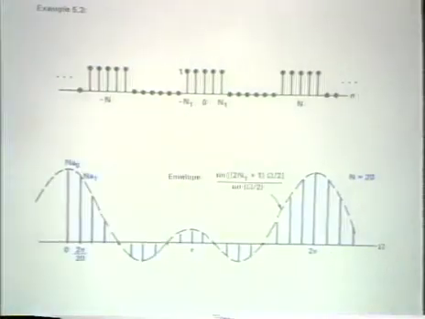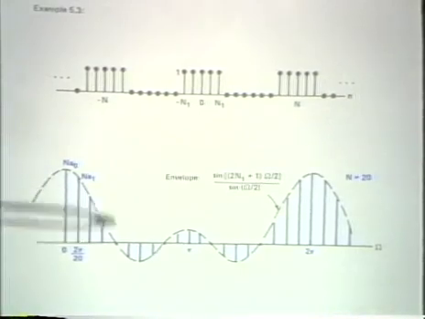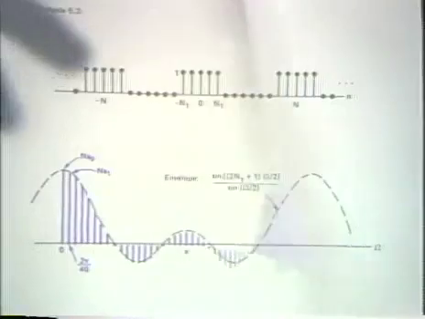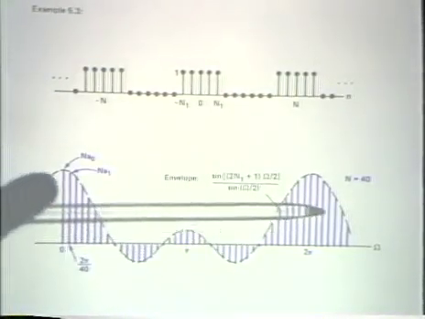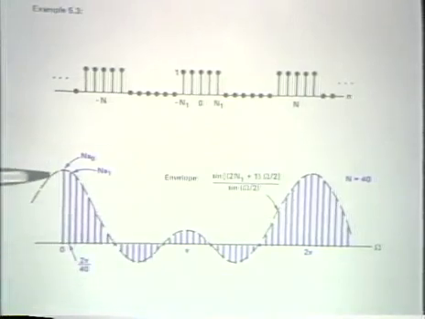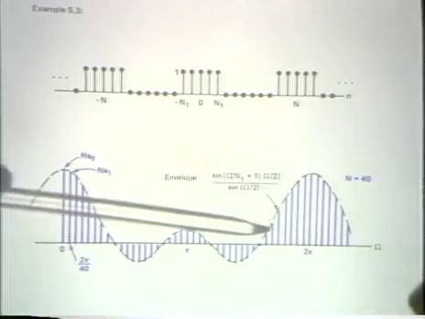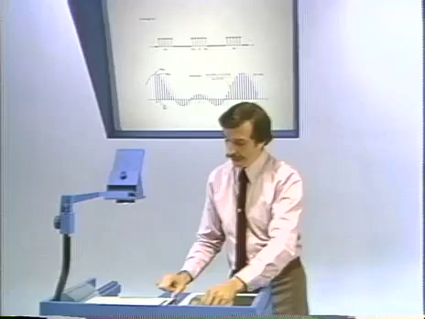As the period increases, we would decrease the sample spacing to this set of samples. As the period increases further, it would be this set of samples. And as the period goes off to infinity, it's every point on the envelope. In fact, the representation of the aperiodic signal is the envelope.